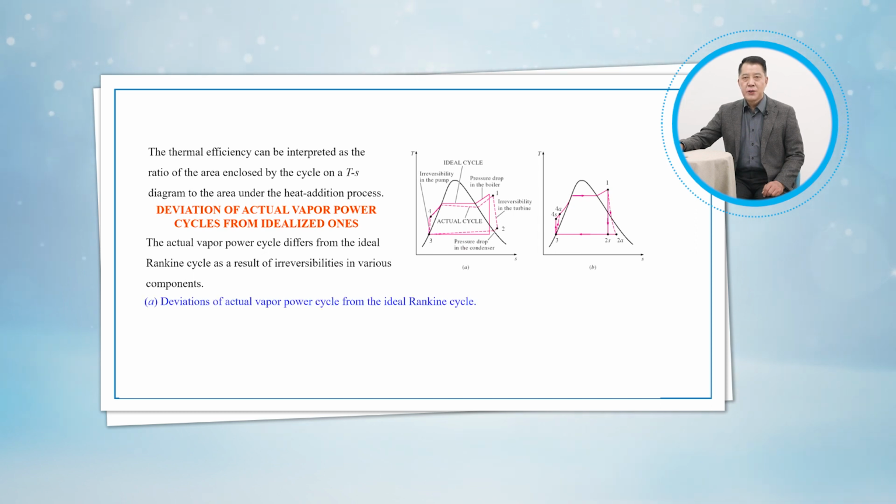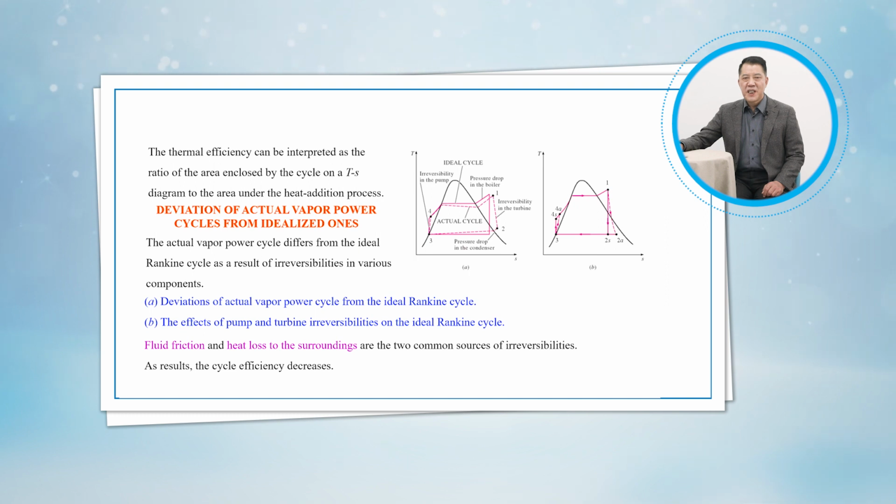Deviations of the actual vapor power cycle from the ideal Rankine cycle are illustrated in Figure A. The effects of pump and turbine irreversibilities on the ideal Rankine cycle are illustrated in Figure B.